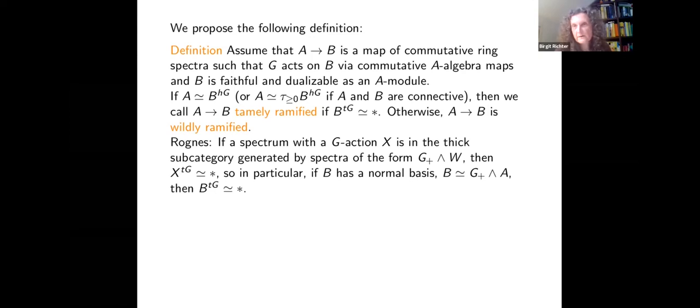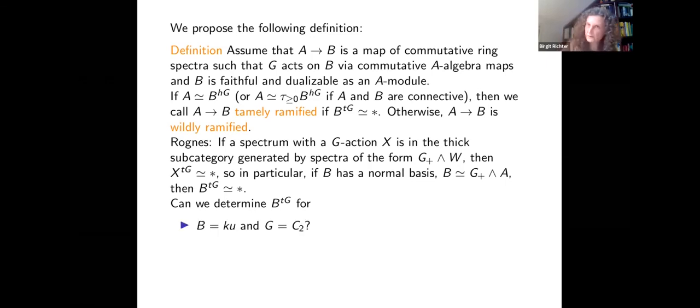So normal basis ensures Tate vanishing, which is in tune with one of the algebraic criteria. That's a sanity check that says maybe this is not such a bad idea to take this definition. But now the real test starts when you have examples where you have a feeling whether they should be tame or wild, and you just test this definition.